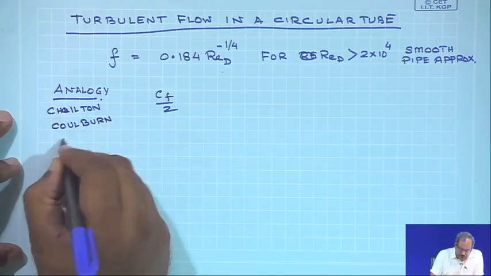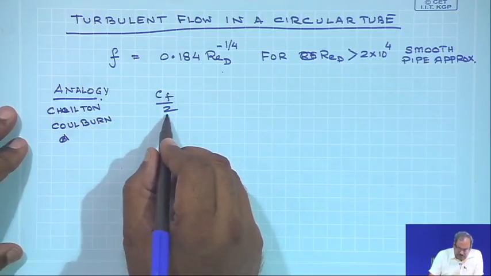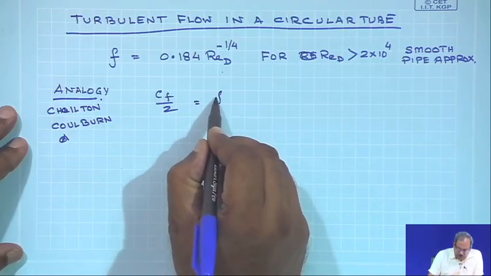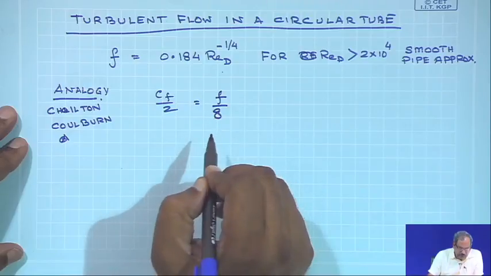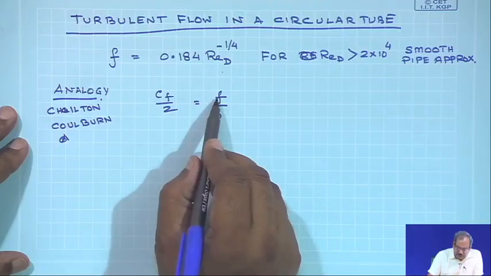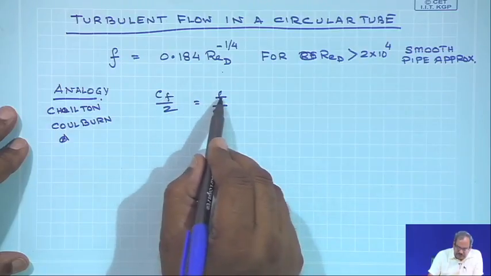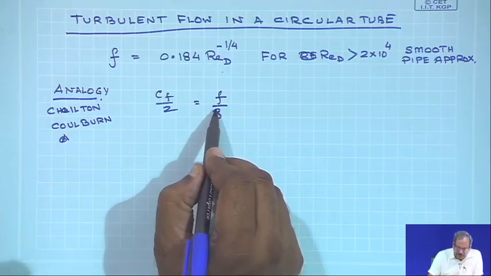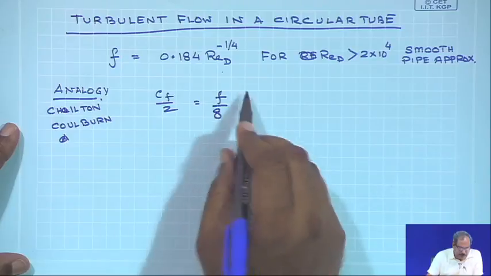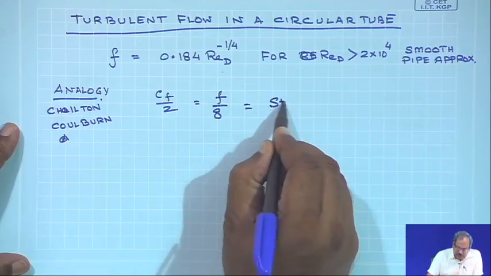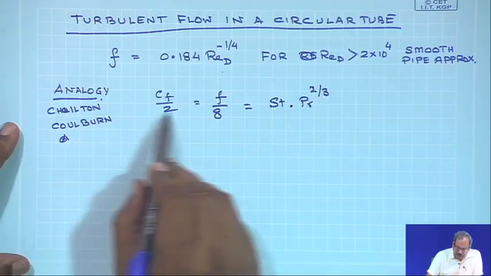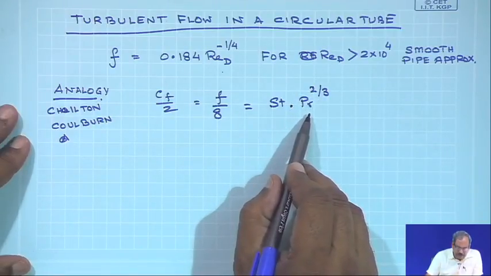The Chilton-Colburn analogy essentially tells you that Cf by 2, where Cf is the friction coefficient, and if I do that with Fanning friction factor, so the relation between Cf and F, as I have told you in the previous class, Cf is simply F by 4, it is due to definition only. So, Cf by 2 would be definitely then equal to F by 8, and the analogy tells me that this is going to be Stanton number into Prandtl to the power 2 by 3. That is what the Chilton-Colburn analogy is all about.